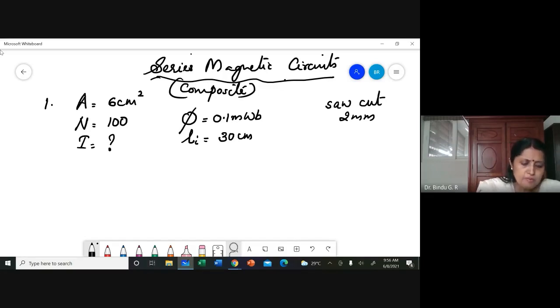The relative permeability of iron is given as 470.